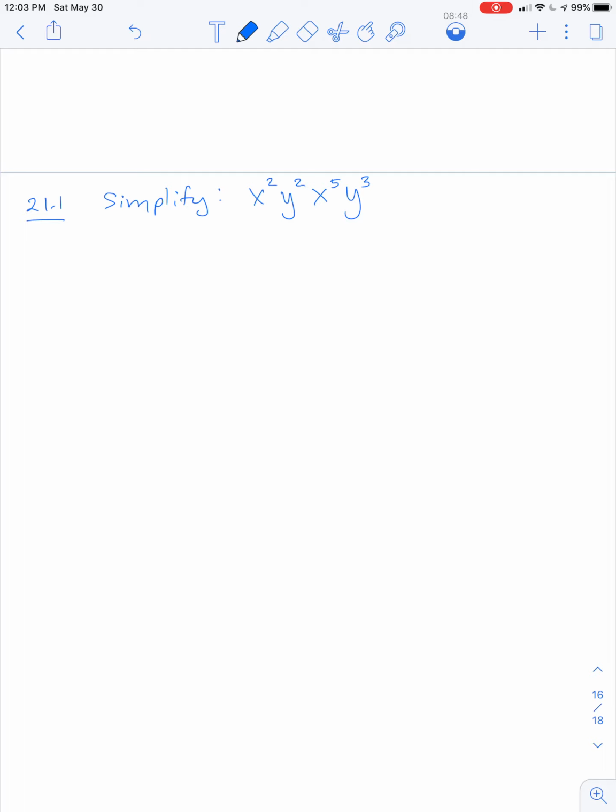Okay, so it's recommended that we rearrange these in a specific order where we can get the variables beside each other. So I'm going to put x squared times x to the 5th power times y to the 2nd power times y to the 3rd power. Okay, then we can add our exponents on those variables that have the same base. So we notice that we have 2 x's here.